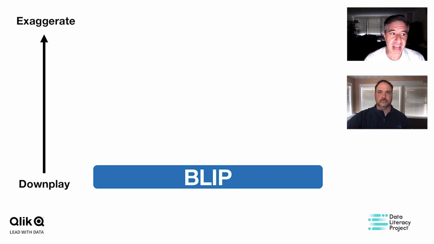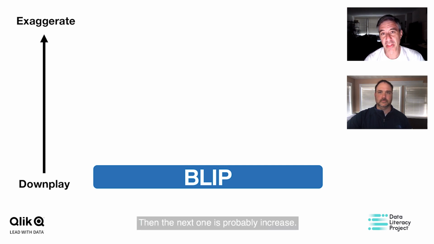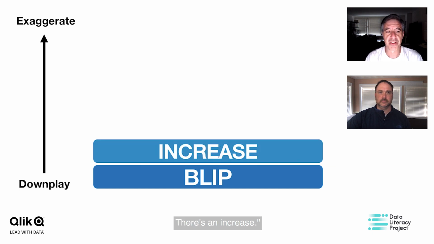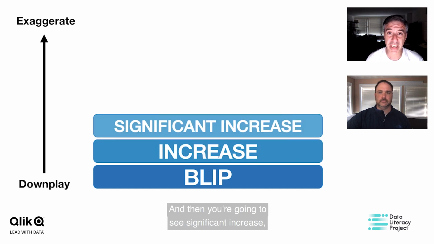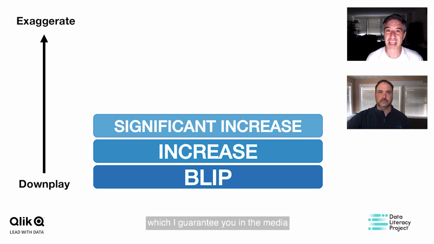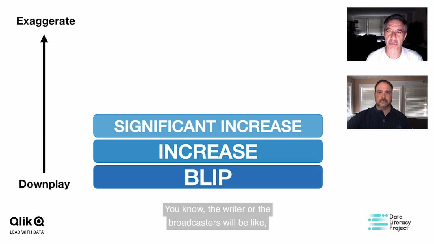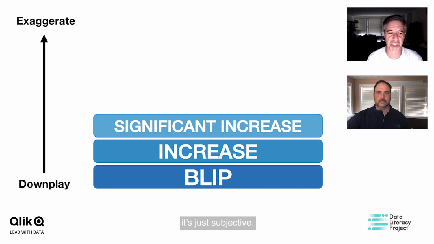Then the next one is probably increase. That's sort of acknowledging, yeah, okay, there's an increase. And then you're going to see significant increase, which I guarantee you in the media does not mean statistically significant. It means, yeah, it's kind of a lot. The writer or the broadcaster can say it's a significant increase, a meaningful increase, when it's just subjective.